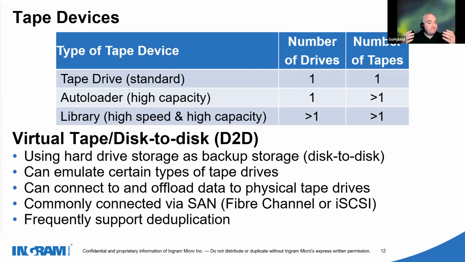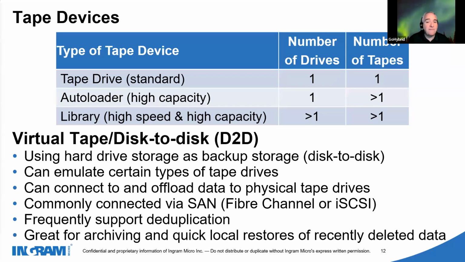So if I have 50 terabytes to back up from multiple user directories, I might find that with the redundancy in emails and some of the similar emails being sent out across teams, maybe it only takes me 30 terabytes instead of 50 terabytes to back up, because deduplication will eliminate that redundant data from my data set. And also it's great for archiving and quick local restores, as I mentioned before, of recently deleted data.